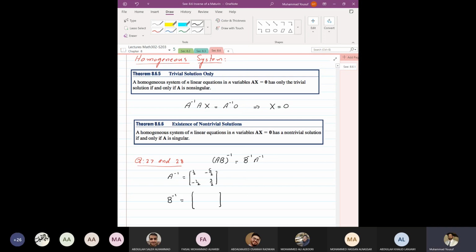And then B inverse is also given: 2 over 3, 4 over 3, minus 1 over 3 and 5 over 2.